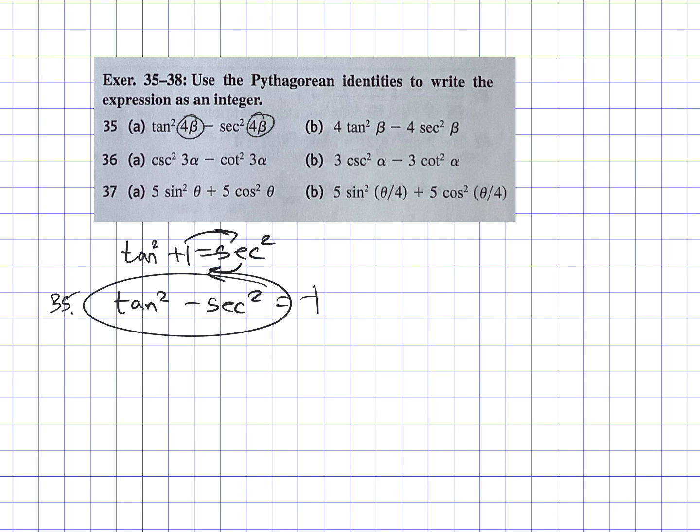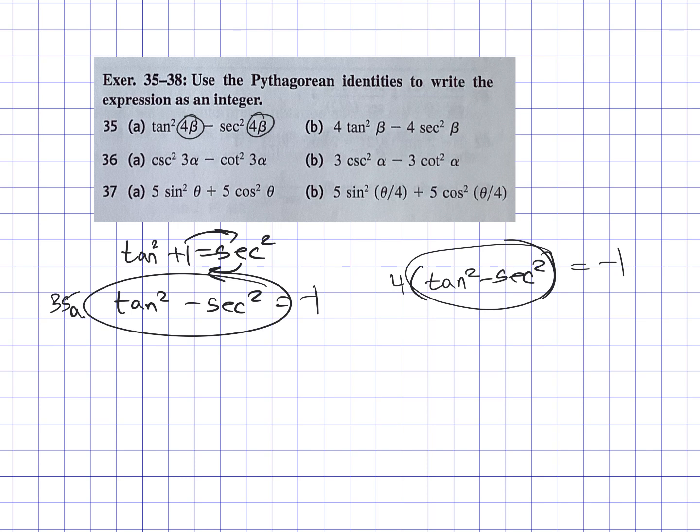All right. So let's go to B, part B. That was A. So again, we have 4 tangent squared of beta minus 4 secant squared of beta. So these are the same. So if we factor out a 4, we get tangent squared minus secant squared, okay, equals -1.